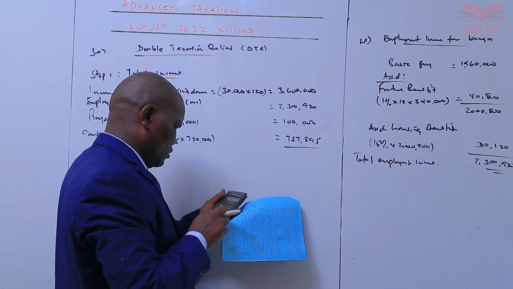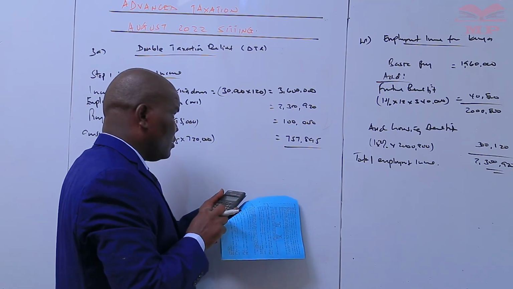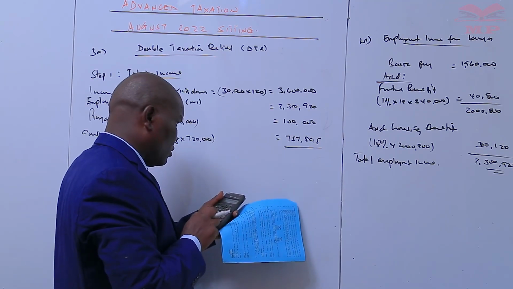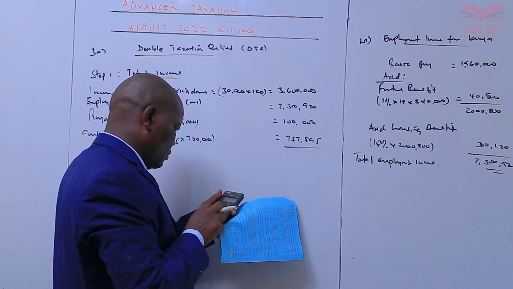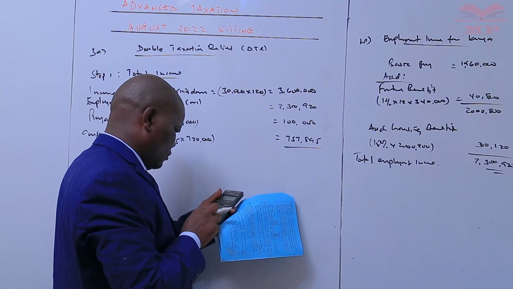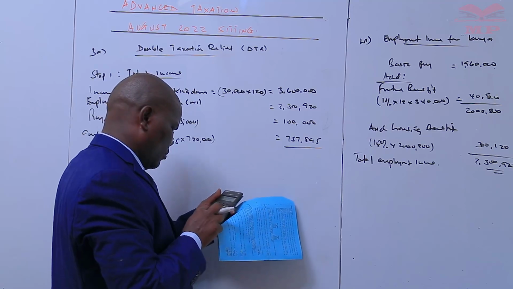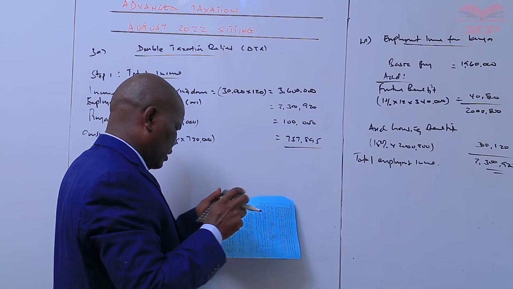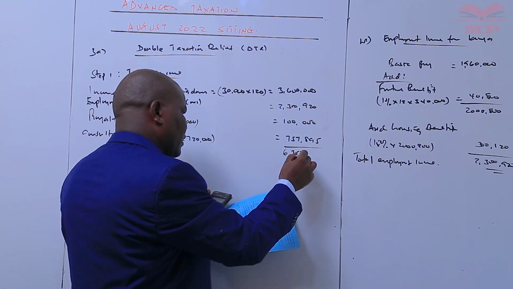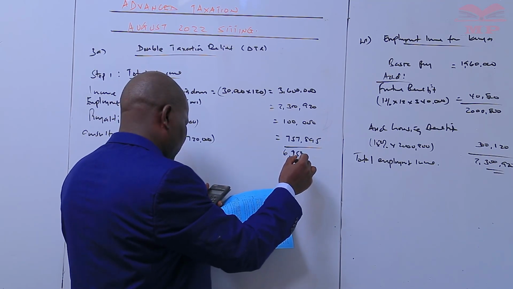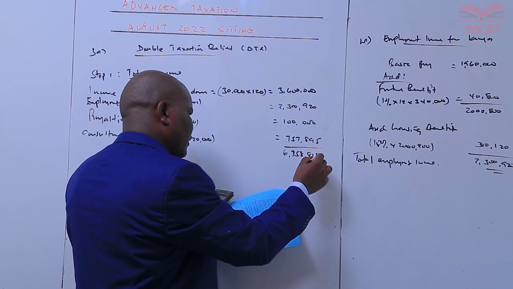I add to 100,000 plus 2,300,920 plus 3.6 million. We get 6,758,815.